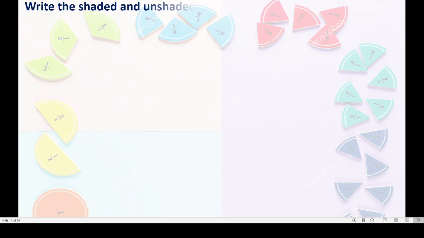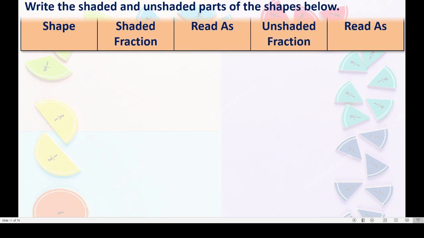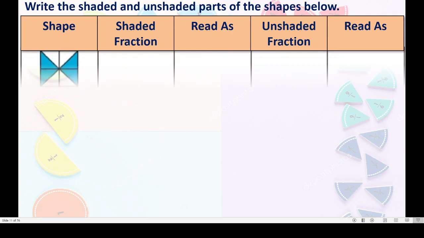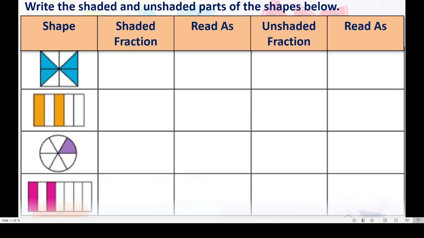Now here write the shaded and unshaded parts of the shapes below. We'll see here. Okay. Yes. We can see here 4 figures with shaded and unshaded parts. Right? Okay, we will go to the first one. See the figure. We have to write the shaded fraction here.